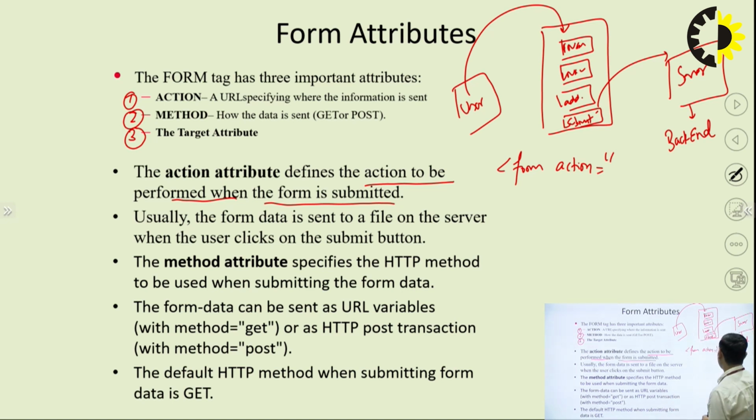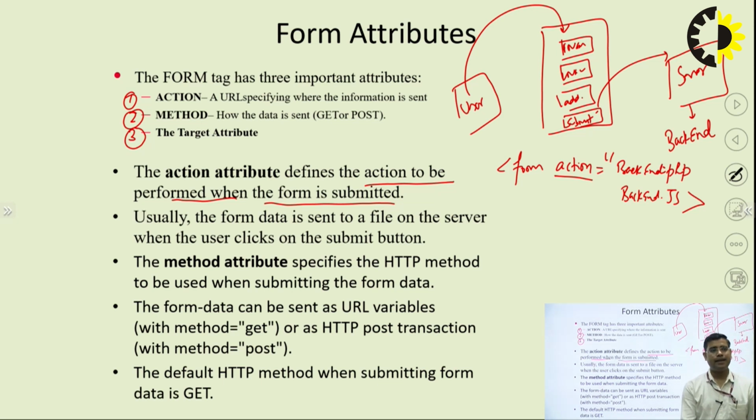For example, action backend.php, my backend is backend.php, or another action, database backend.js. This is the tag regarding the action attribute. Through the action we can perform when the form is submitted. That means your data is sent to the server when you click on the submit button on your form.